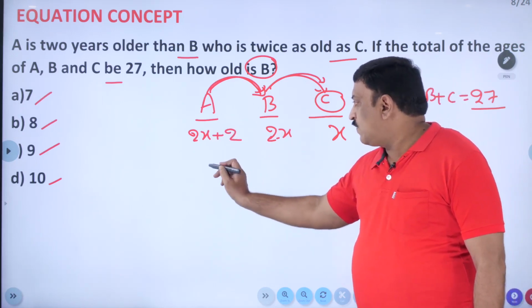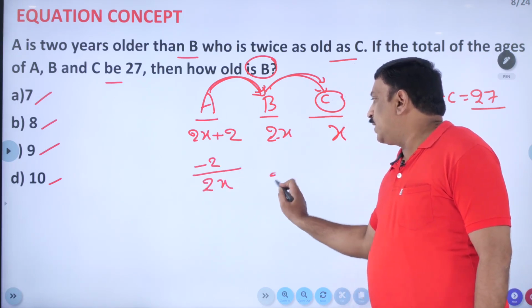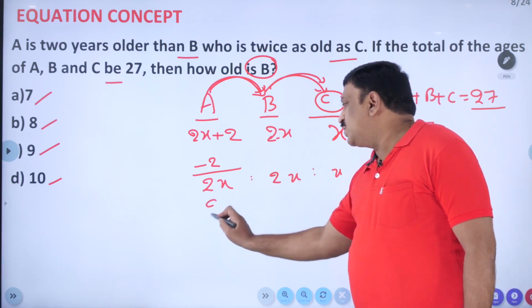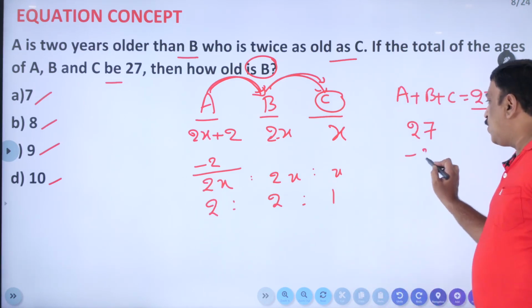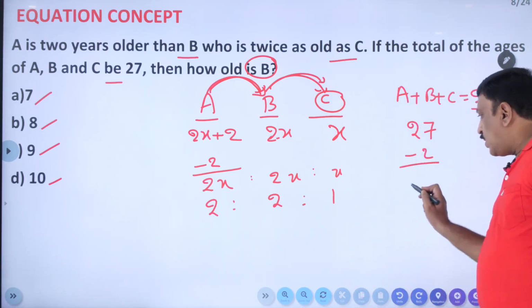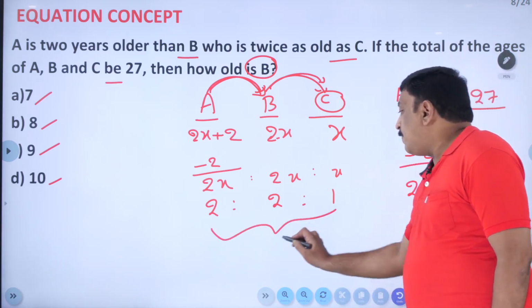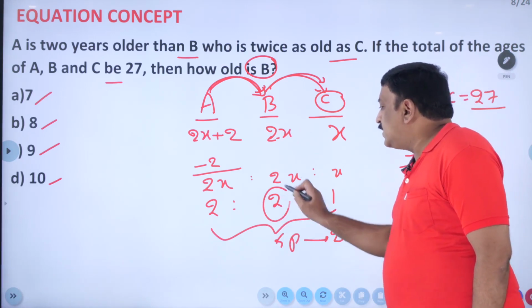If I remove 2 years first, then he will be 2x and x. In our ratio, it is nothing but 2:1. And I removed 2 from A, so the total is also reduced by 2, that is 25. Now you see, this is 5 parts. 5 parts is 25. Then B is just 2 parts.